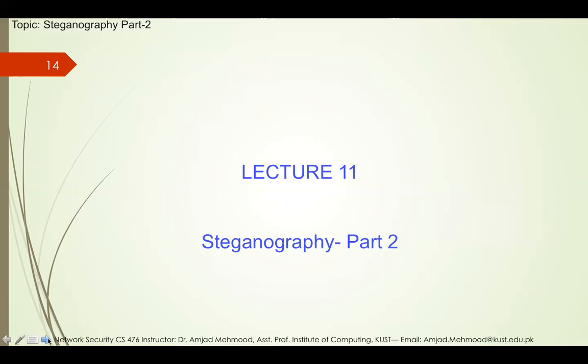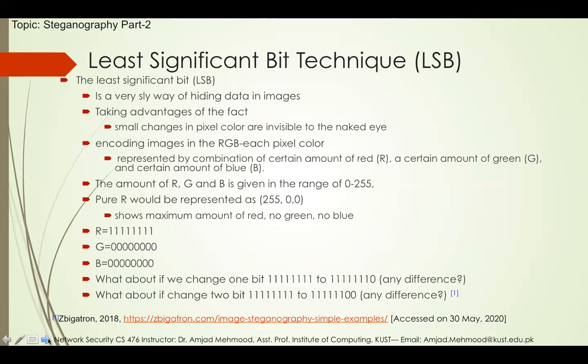Now, lecture number 10 on the topic steganography part 2. This is the second example. We have taken one example on JPEG concealing, and now the second example is called the least significant bit technique.